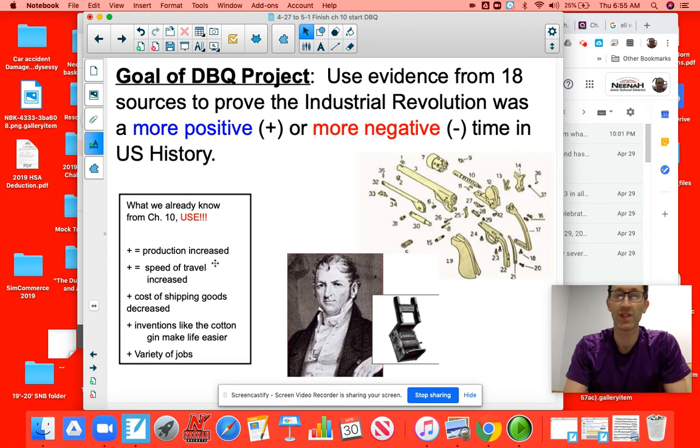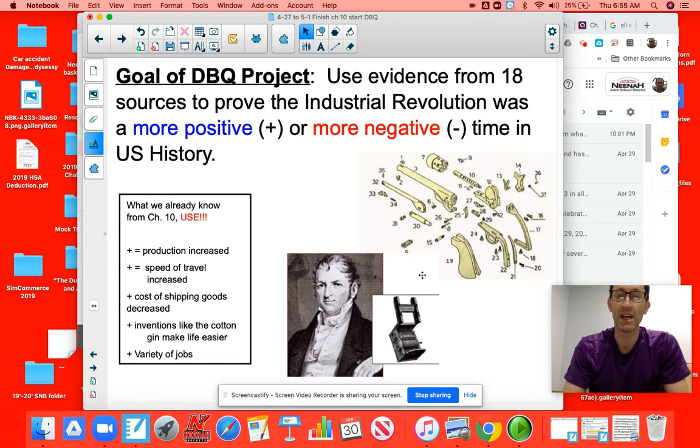We know that production increased with ideas like interchangeable parts, where each different person makes a separate piece, and then we have assemblers. Production skyrocketed. We know that speed of travel increased with Robert Fulton's steamboat and other things, turnpikes, canals, things like that. We know that the cost of shipping goods decreased as these inventions like the steamboat and the use of rivers occurred.